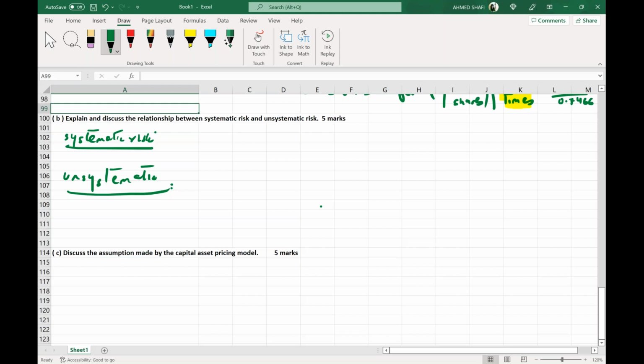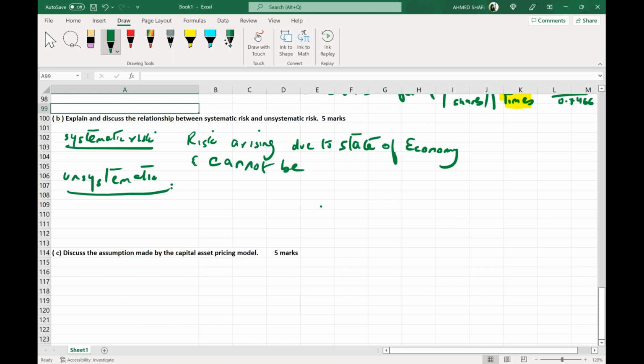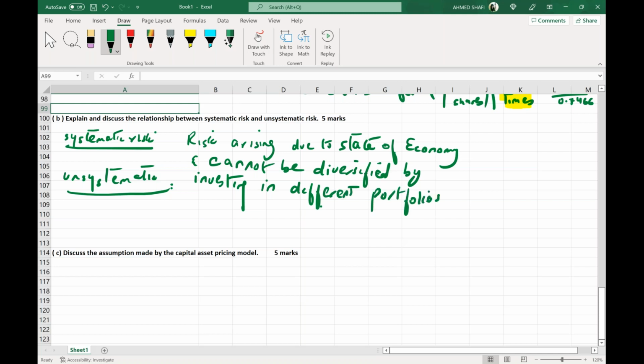Systematic risk is the risk arising due to the state of the economy and cannot be diversified by investing in different portfolios or different sectors.